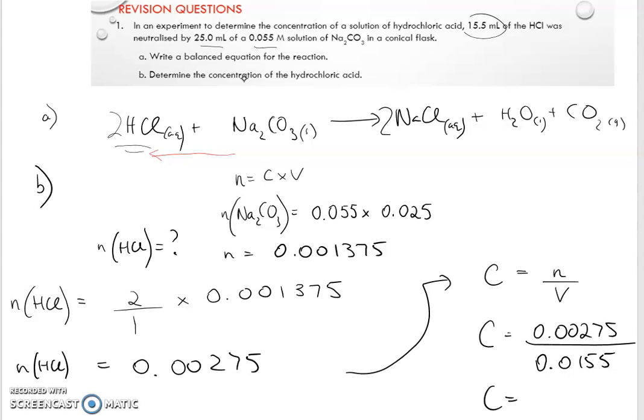That is going to be our concentration: 0.00275 divided by 0.0155. So our concentration is going to be 0.177 mole. Okay, that's it.